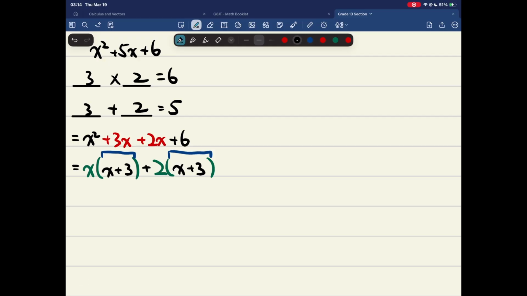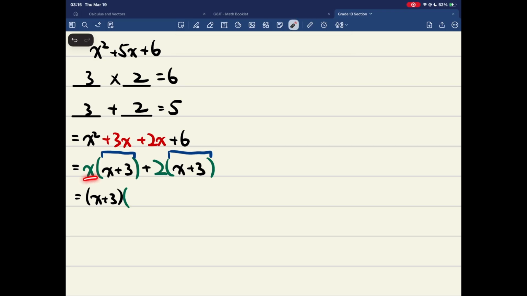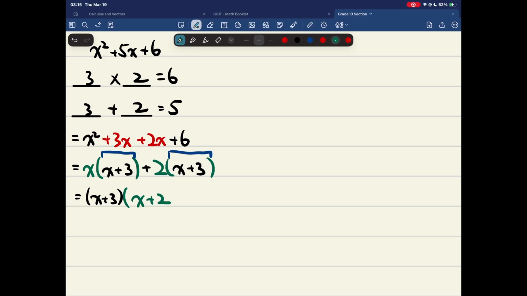So you first copy the x plus 3 down, and then in a bracket you write the two terms hanging in front, x plus 2. So the final answer is x plus 3 multiplied by x plus 2.